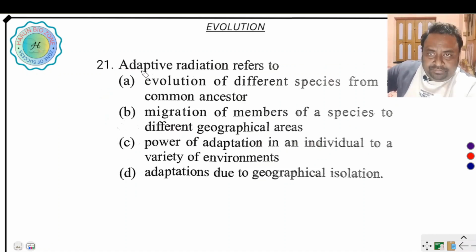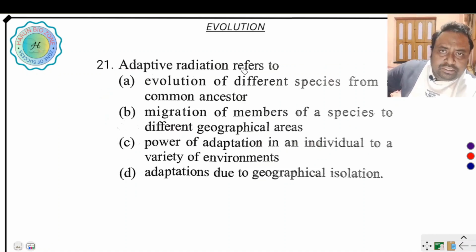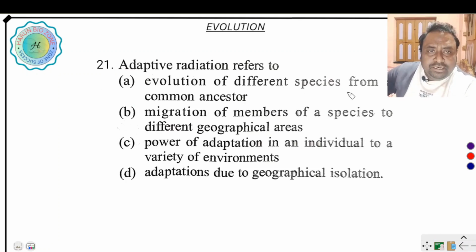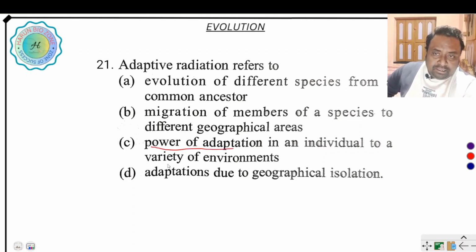Adaptive radiation refers to the evolution of different species from a common ancestor. Not migration of members of a species to a different geographical area, not power of adaptation, and not adaptation due to geographical isolation.